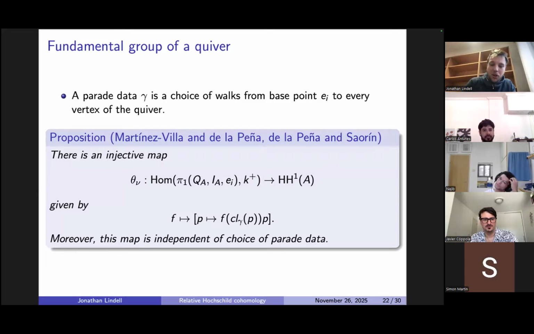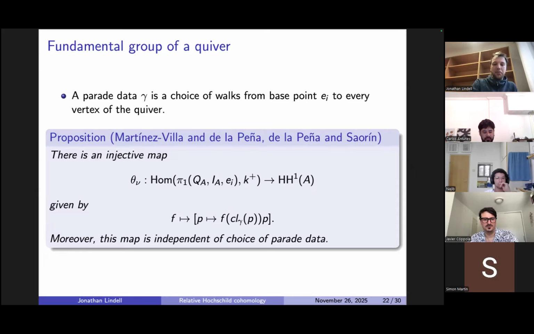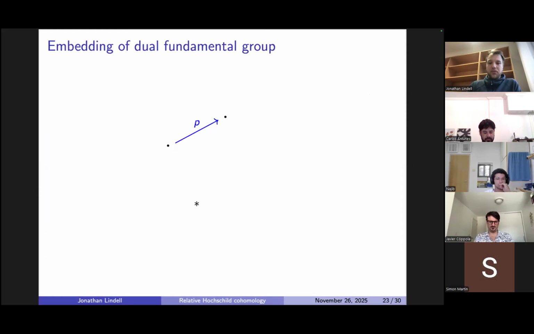So what is this closure, or CL of gamma, that I've written here? Let's look at the next slide to explain how this map works. We have some map f from our fundamental group into our field. And then we take some element p in our algebra. We can take a representative of that class, which would be some path in our algebra. First we take the path datum from our fixed base point star to the starting vertex of p.